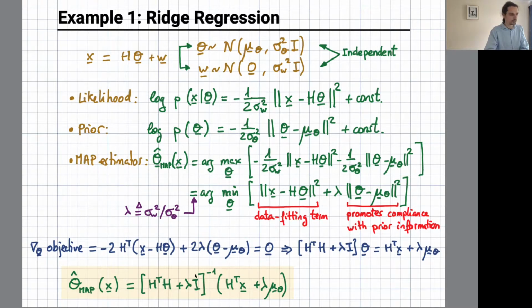So the eigenvalues of this matrix in brackets equal lambda plus the eigenvalues of this matrix, and therefore they are strictly positive, and as we know, that implies that the matrix is invertible.